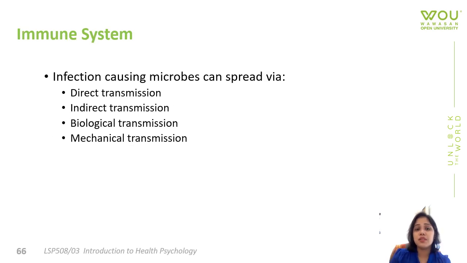And the immune system is also important because it helps to regulate infection. So infection causing microbes can spread through direct transmission, indirect transmission, biological transmission, or mechanical transmission.